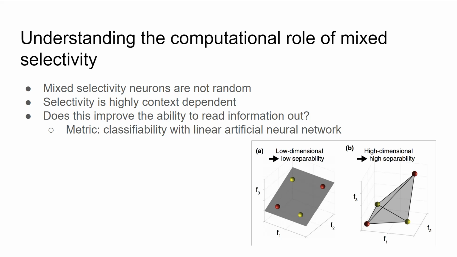But if we combine them non-linearly, so perhaps the yellow doesn't increase as dramatically as the red when it's moving in this direction, which you can construct with just nonlinearities, then it becomes possible to construct lines that would distinguish these 4 points.